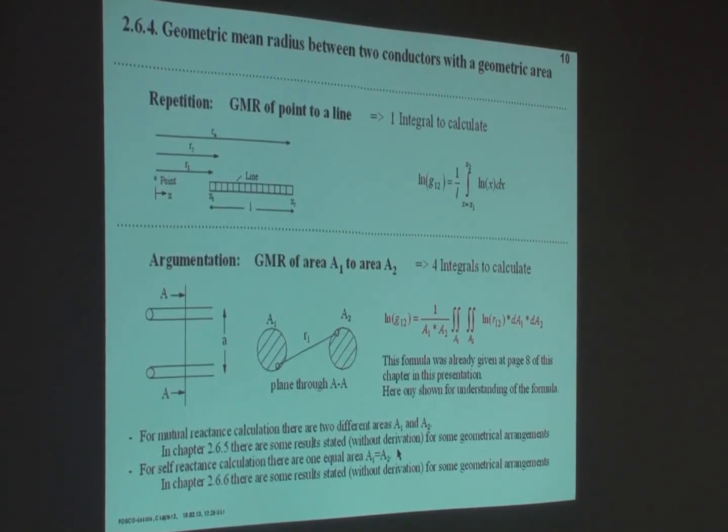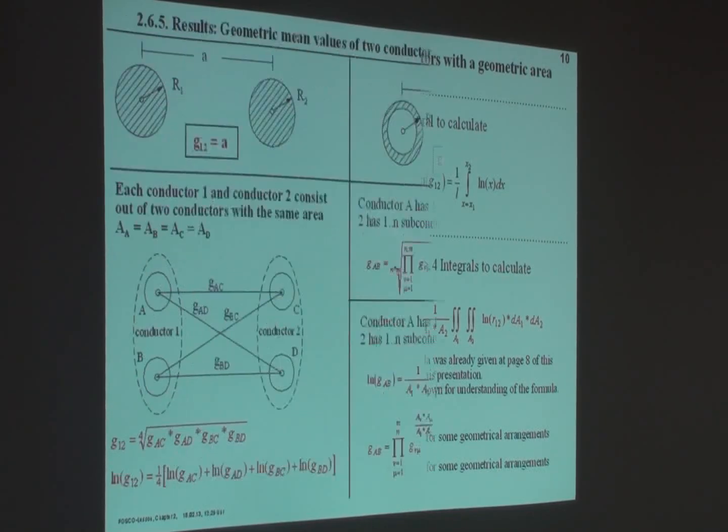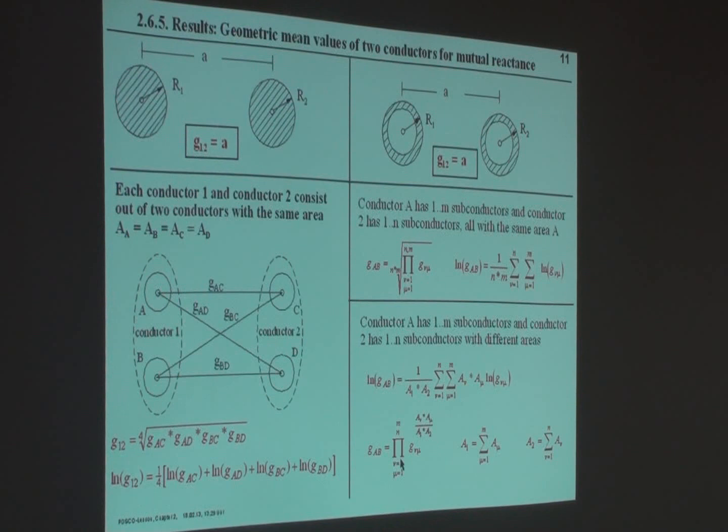In the next time we will discuss this here. This we don't calculate, because this is given and it's too complicated to calculate. Then we have to make a fourth dimensional integral.